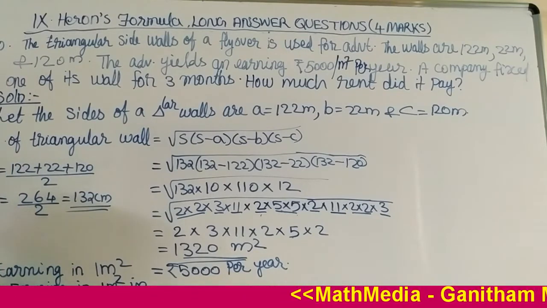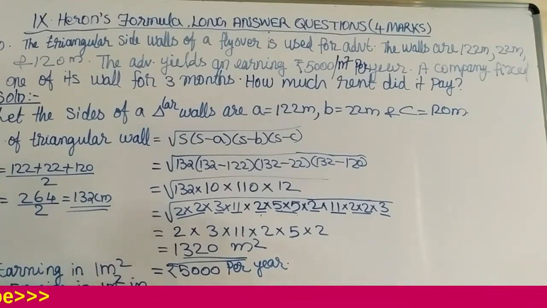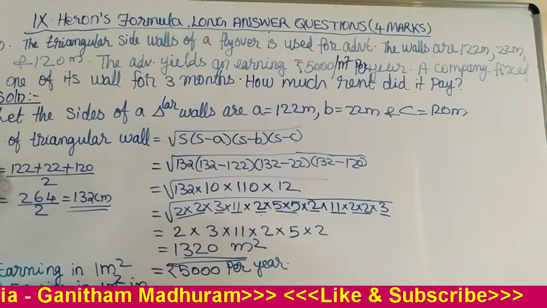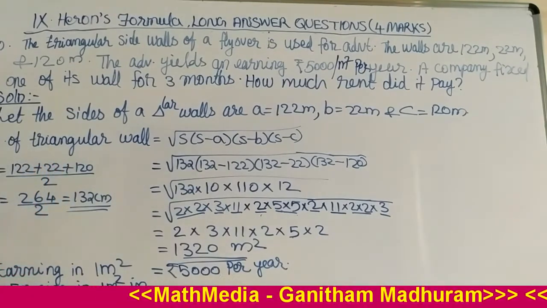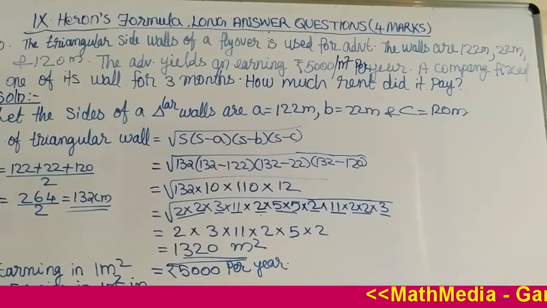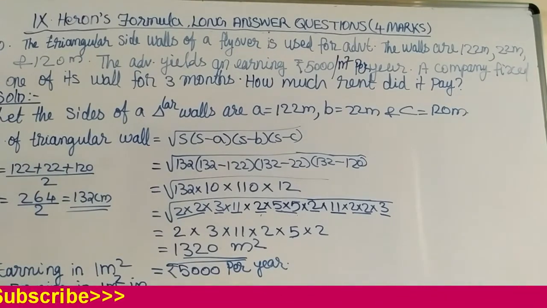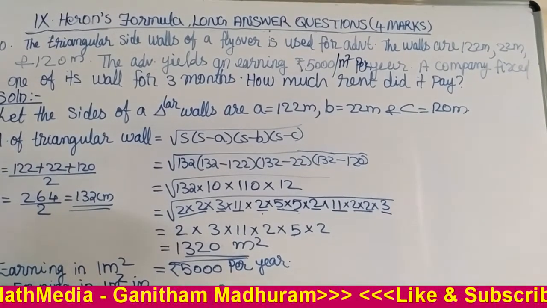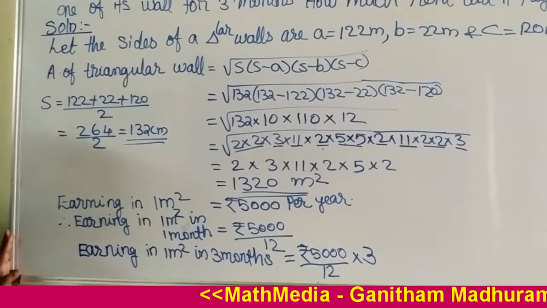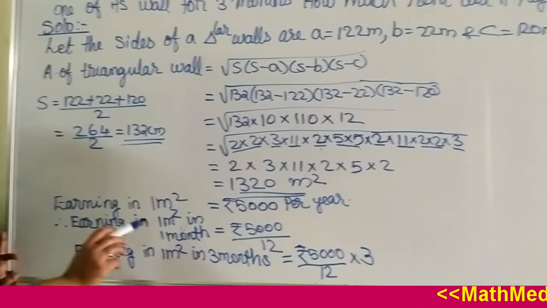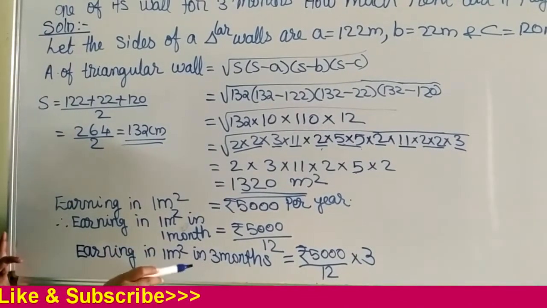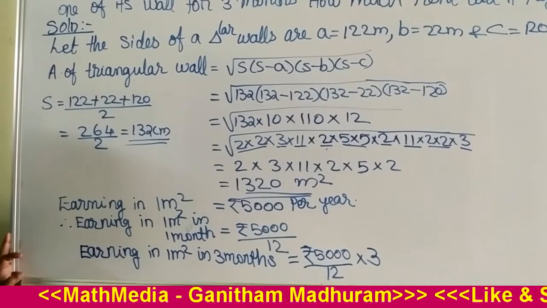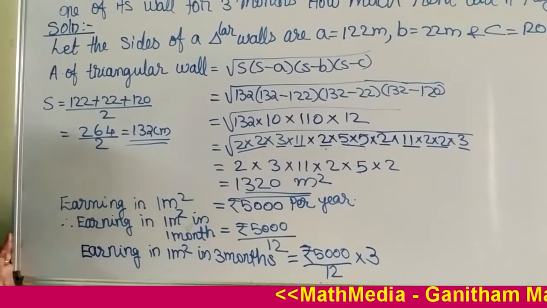Here the question is the earning in 3 months. Earning in 1 meter square in 1 month equal to rupees 5,000 divided by 12, because 1 year has 12 months.